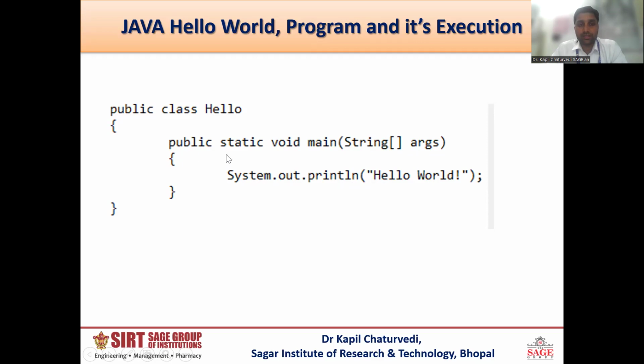What about public static void and main? String args is the command line argument, which we will discuss in another PPT, where we will specifically discuss how we use the command line argument.